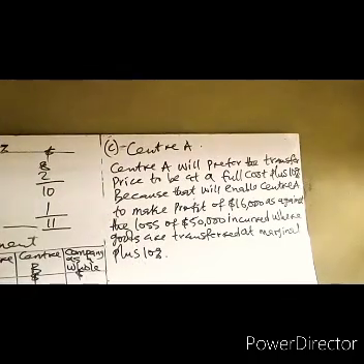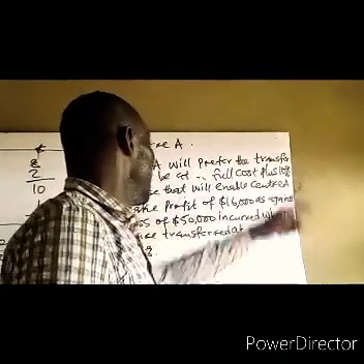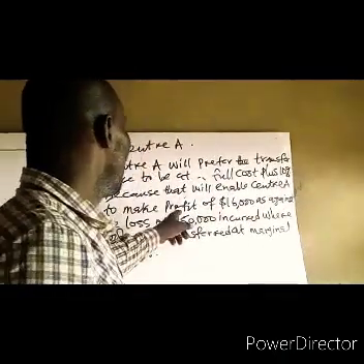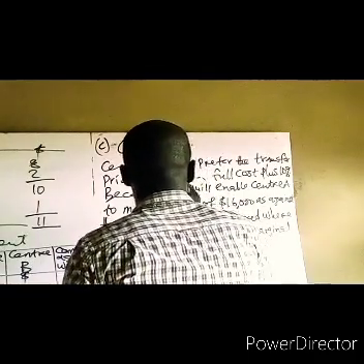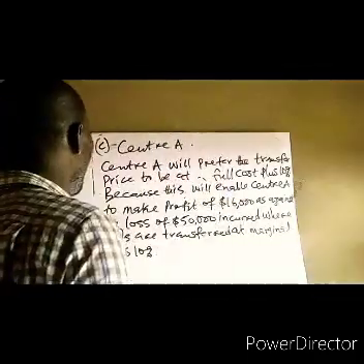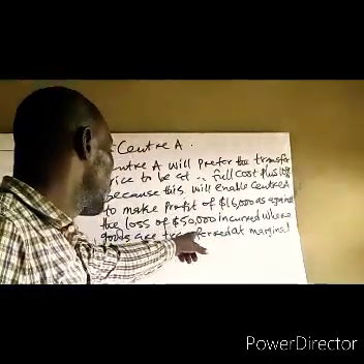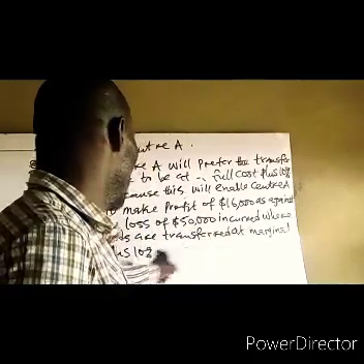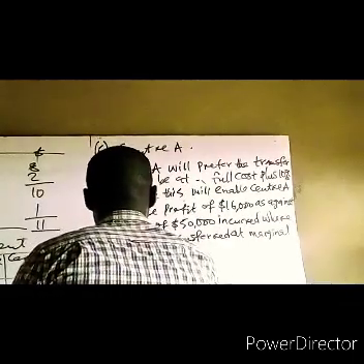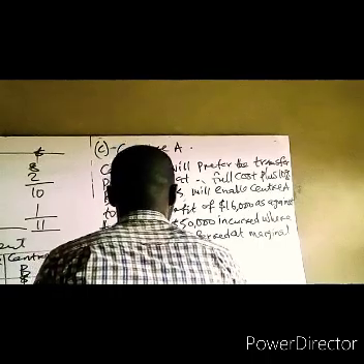Center A will prefer the transfer price to be at full cost plus 10%, because this will enable center A to make profit of 16,000 as against the loss of $50,000 incurred where goods are transferred at marginal cost plus 10%.